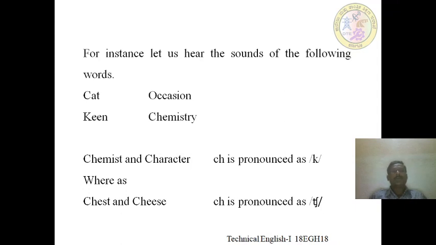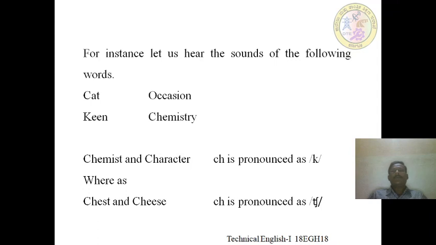In the first one, though there is no K letter, it is pronounced as cat, not as sat. In the second example, it is pronounced as occasion, not as association. In the third example, K is there, therefore we must pronounce it as keen.